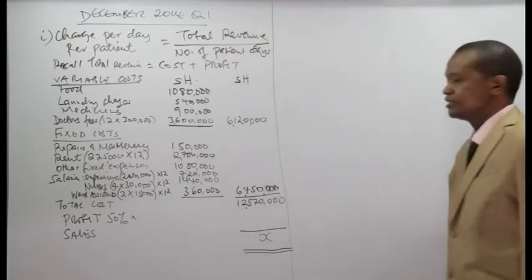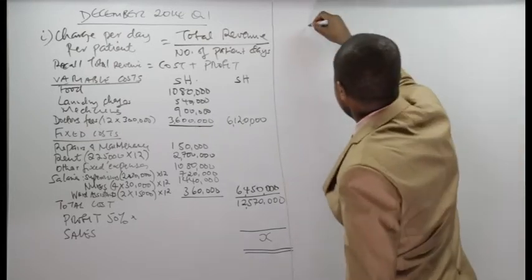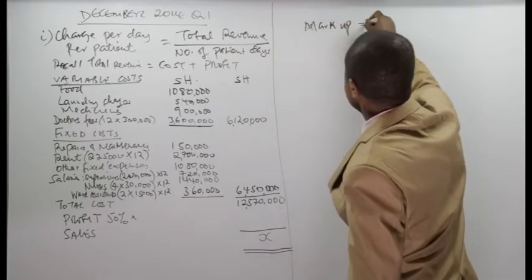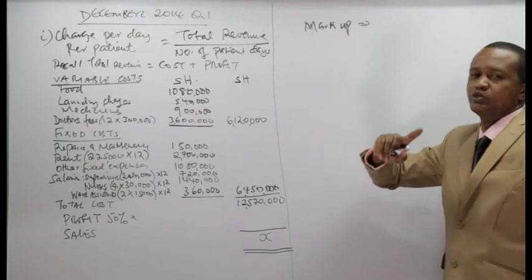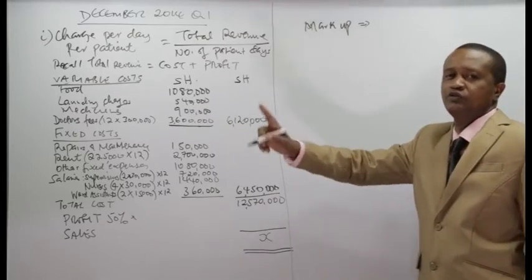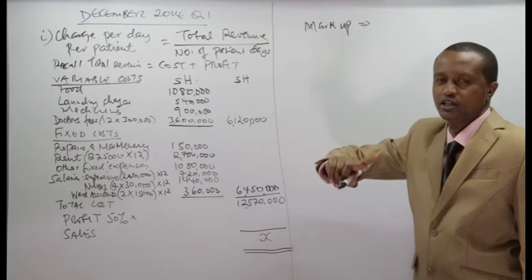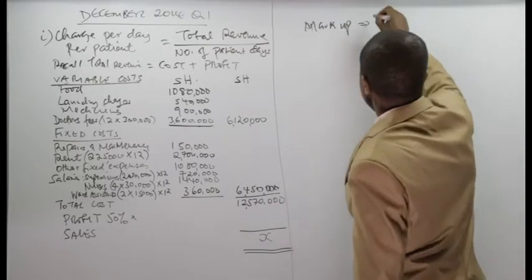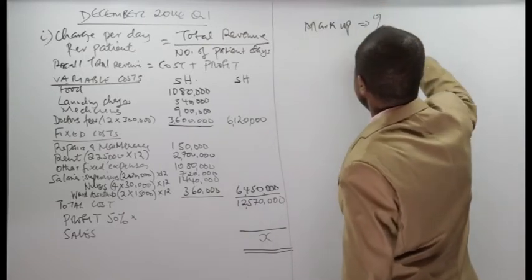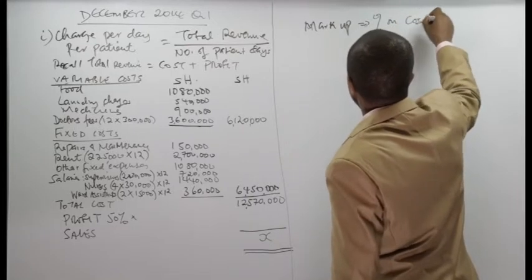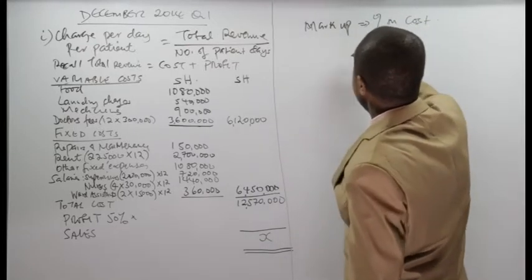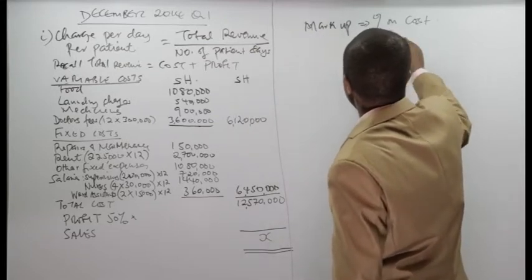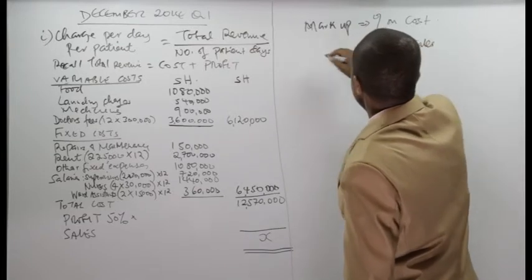So where you apply a percentage on cost, that is markup, but where you apply a percentage on sales, that is margin.